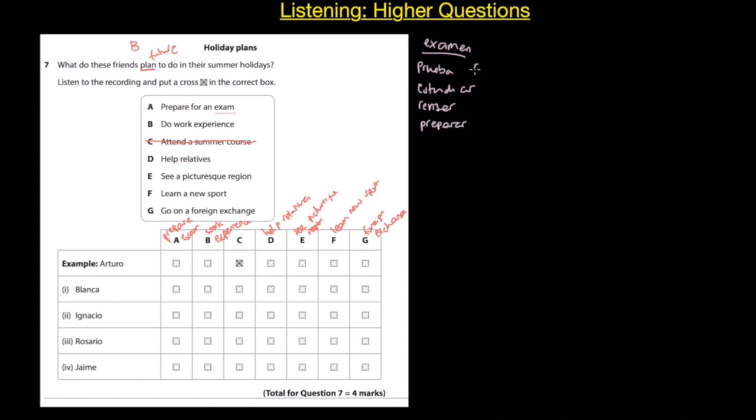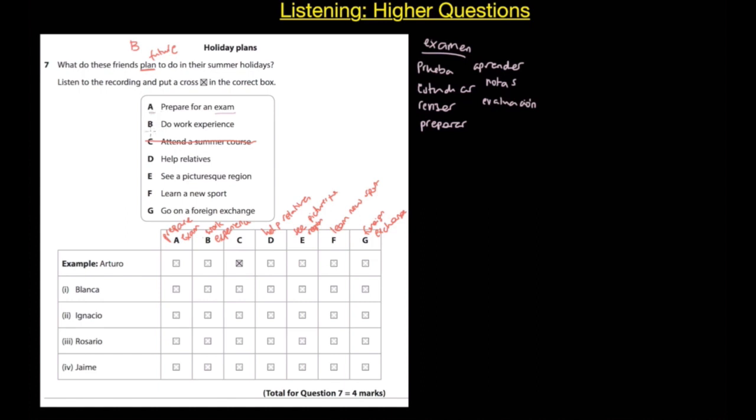I could hear aprender, to learn. Also things like notas, grades, or evaluación, evaluation. Okay, so any sort of words related to the world of exams.